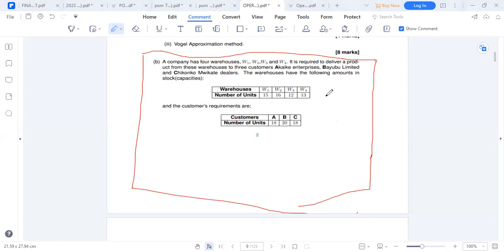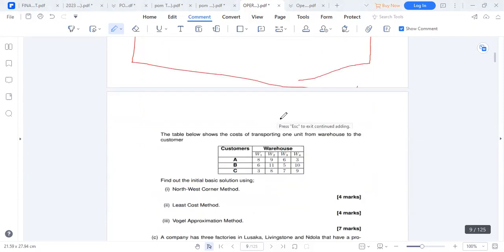It is required to deliver a product from these warehouses to 3 customers, let's just say customer A, B, and C. The warehouses have the following amounts in stock, which is their capacity. What we need to do here is formulate the transportation problem.